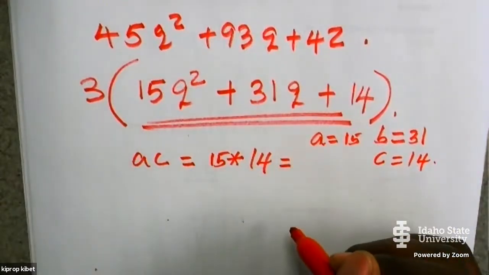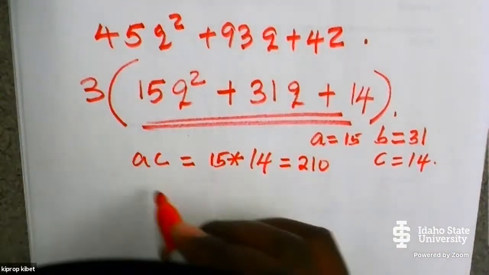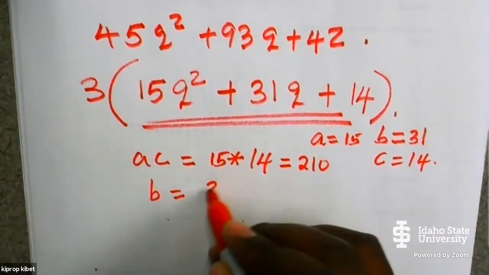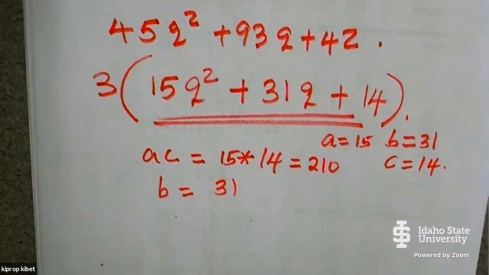And this equals 210. Our B equals 31. Now, what are the two numbers in which the product is 210 and the sum is 31?